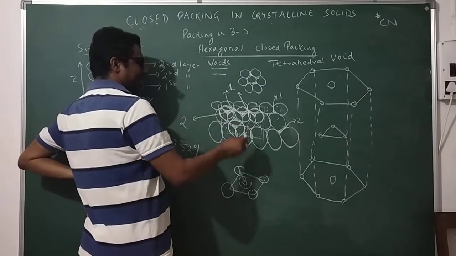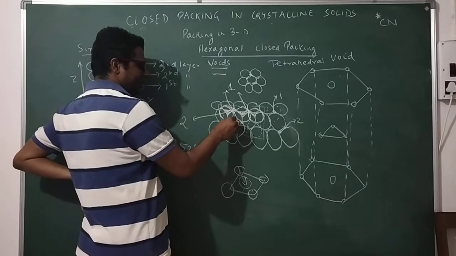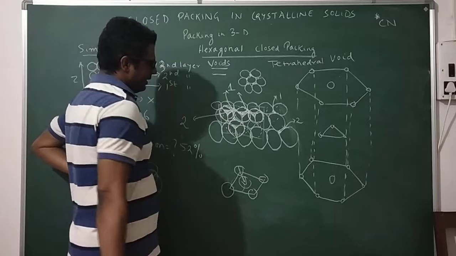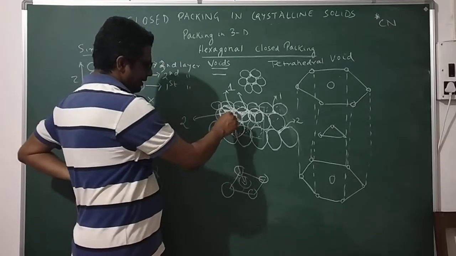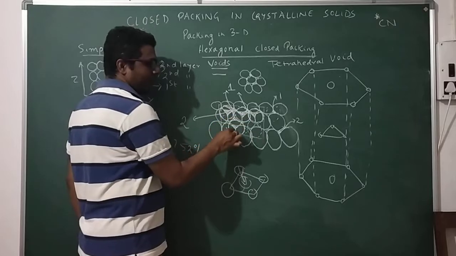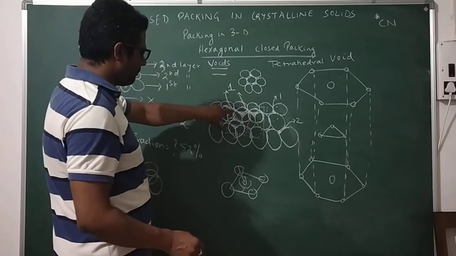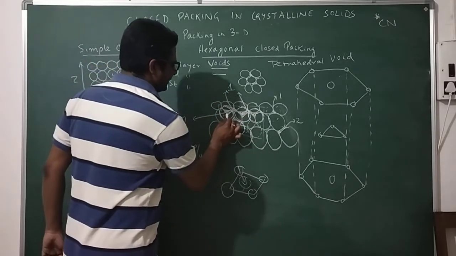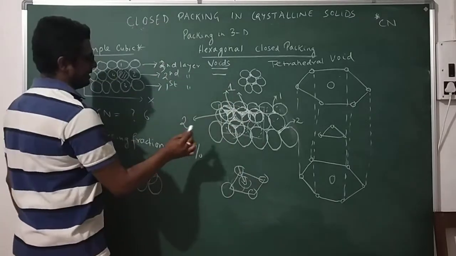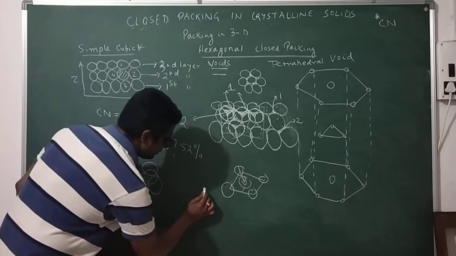After drawing the second layer, I have identified another void over here, right? Now if you see this void, on the top of this void there is an upside down type of triangular lattice like this.